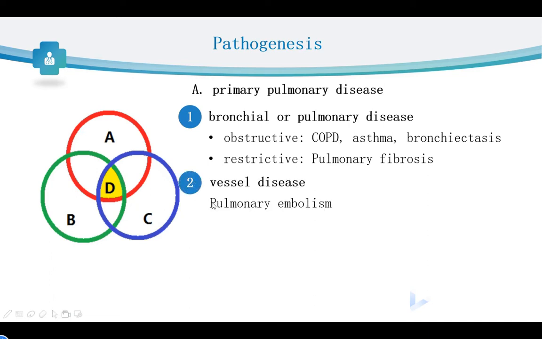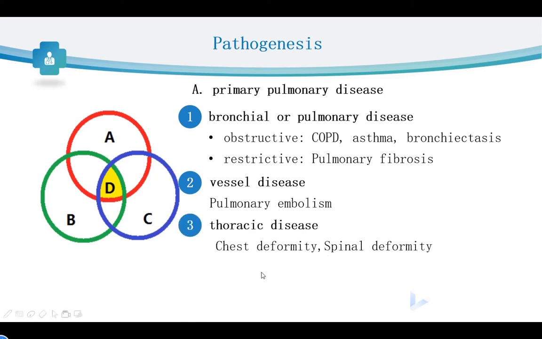The second type of the disease is the vessel disease, such as the pulmonary embolism, and others including the thoracic disease, such as the chest deformity, spinal deformity, and so on, which can also cause a cor pulmonale.